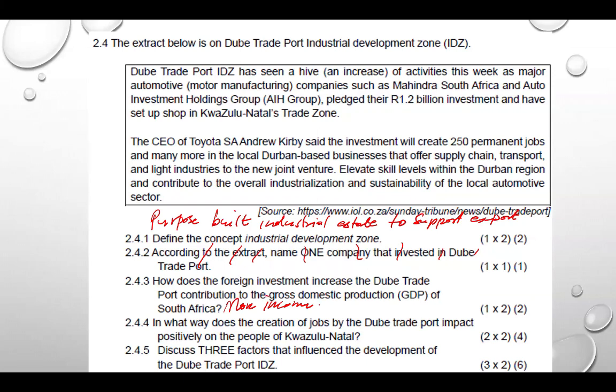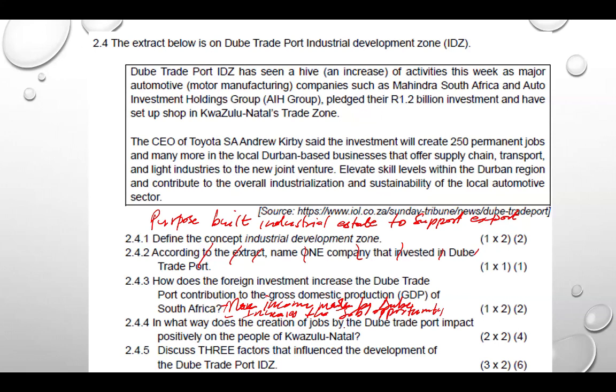There is more income made by Dubai Trade Port. It increases the job opportunities, or it creates job opportunities.